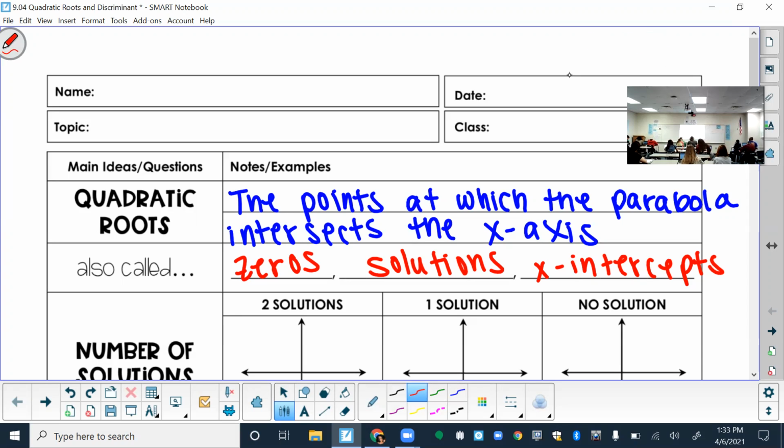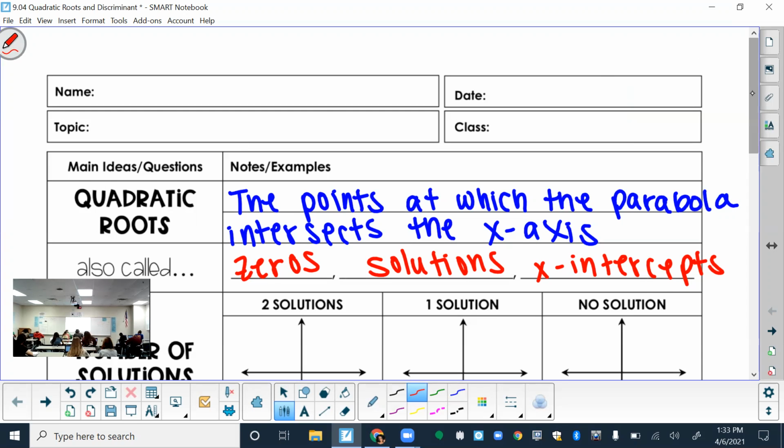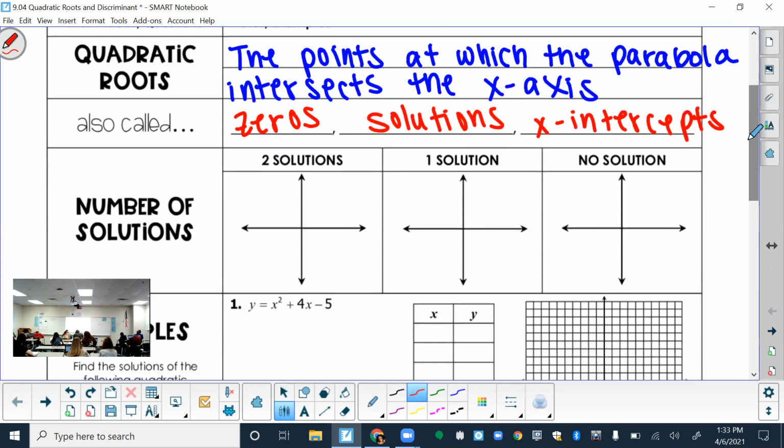So some examples of what that might look like. That's what we'll fill out next, the number of solutions. Since parabolas either look like this or like this, what's like the most amount of solutions I could have? All right, 2. So here's an example of one of the graphs you might get that has 2 solutions.